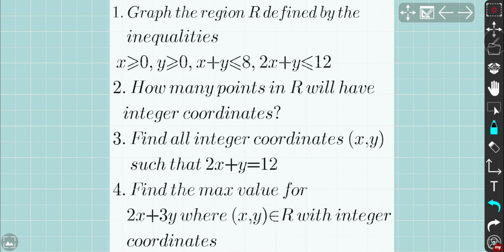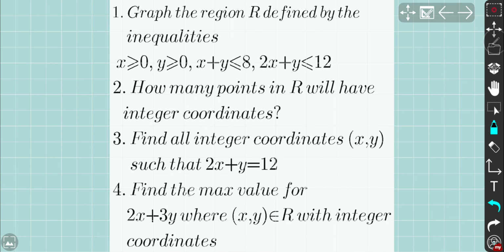All right, and problem 4. This is about the maximum value for a given expression. This function, 2x plus 3y, might be called the target function, basically the objective function, the function that is supposed to be optimized.